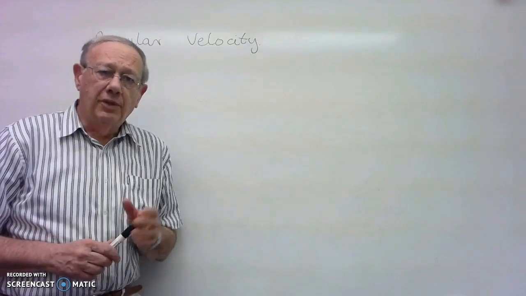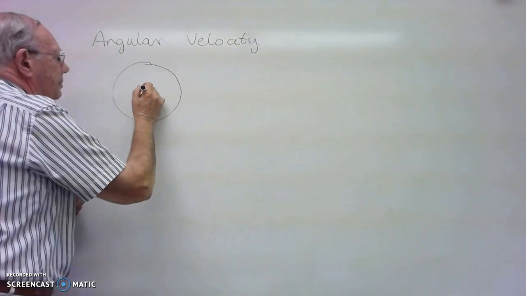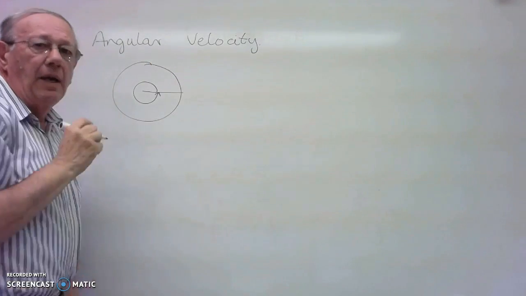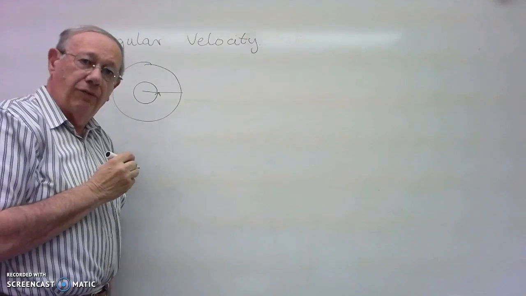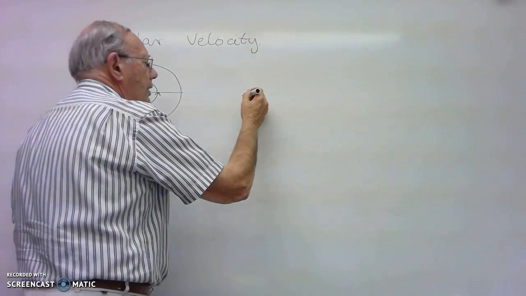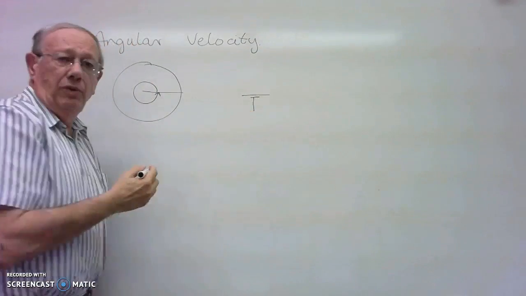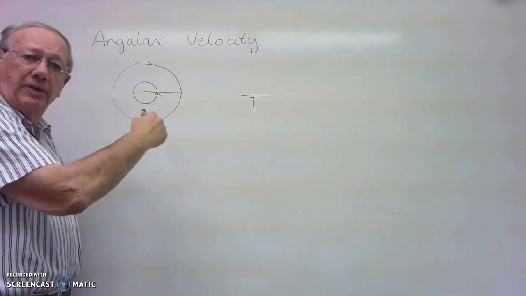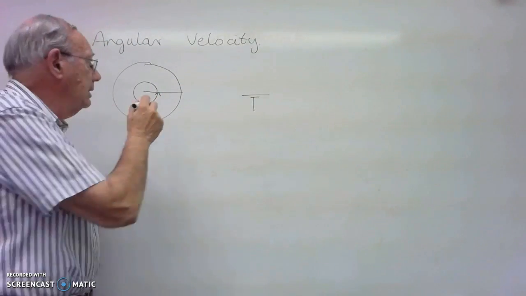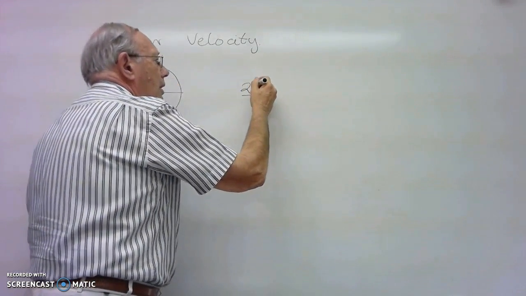Now, I want you just to think for a moment of one revolution. So one movement in the circle there, and the time taken for it. Well, the time taken for it, we've come across that before, is the period. How far does it move? Well, what angle does it move through? How many radians in one revolution? 2 pi.